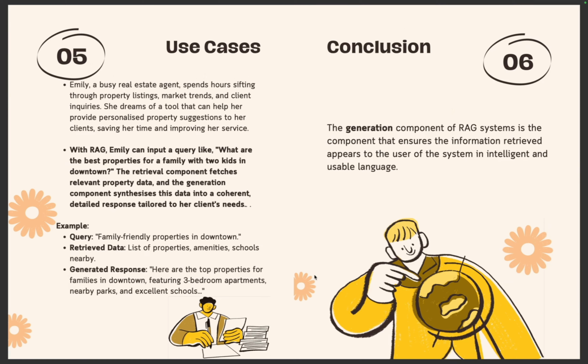The retrieval component just goes off and fetches all the relevant information, and part of that process would be to synthesize the information that's come back. Once it's come back, the text that's been retrieved through the query is then sent to the generation component. The generation component is your large language model.